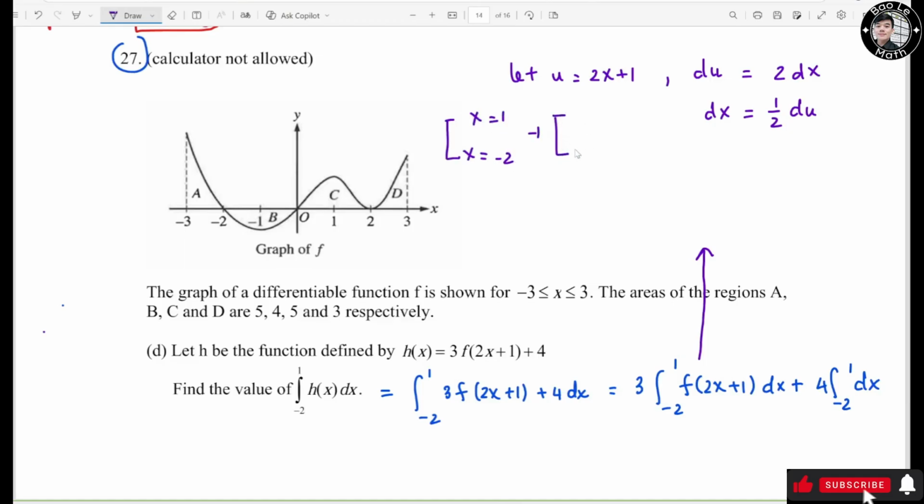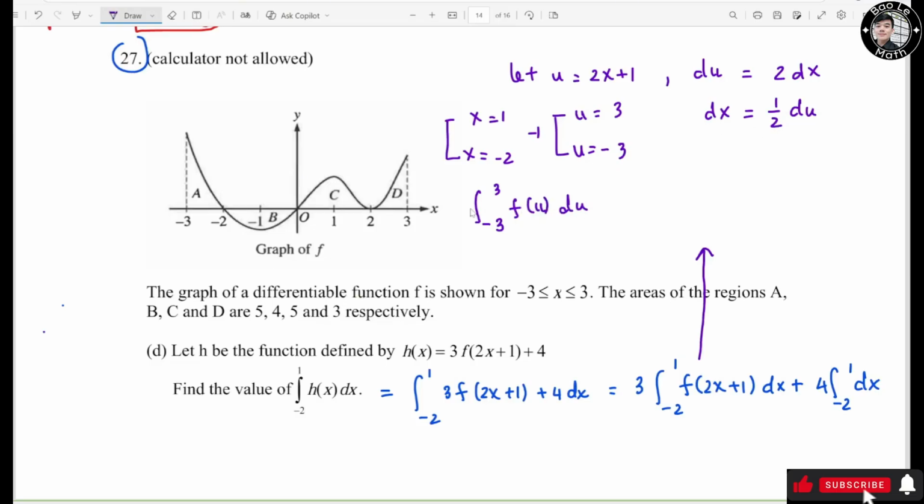For the new ones, substituting negative 2 for s gives u equals negative 3, and substituting 1 for s gives 3. So this guy becomes the integral from negative 3 to 3 of f of u du.